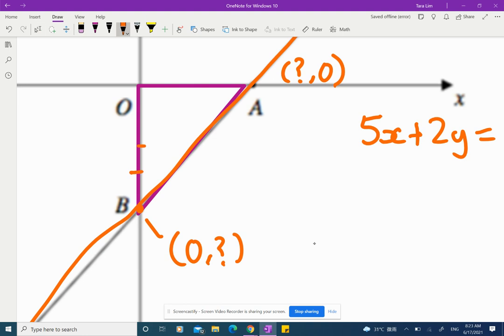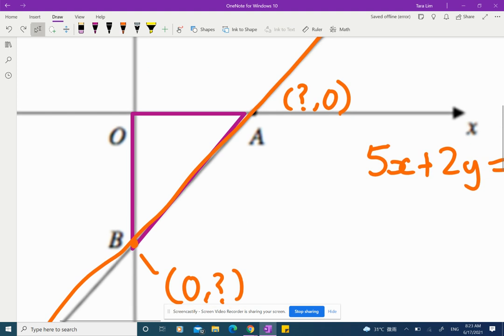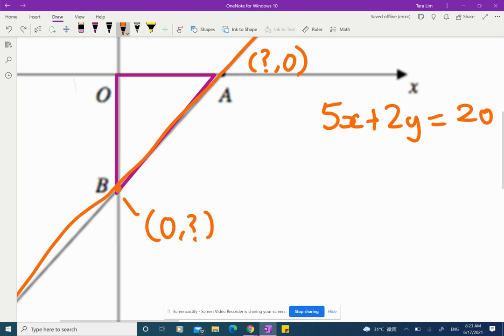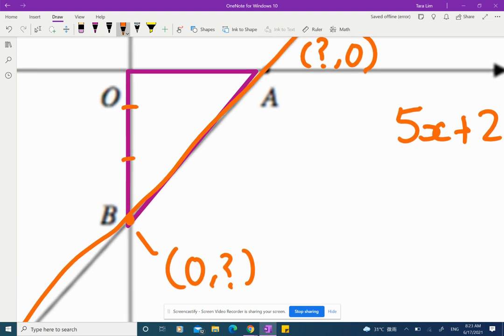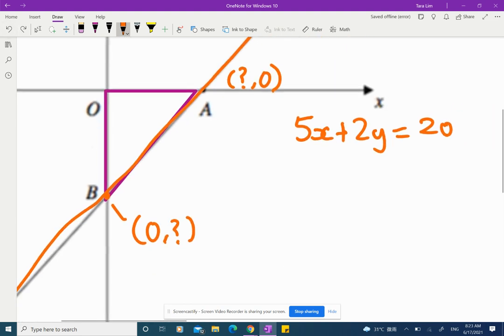If we plot all points on the y-axis, they all have an x coordinate of 0.